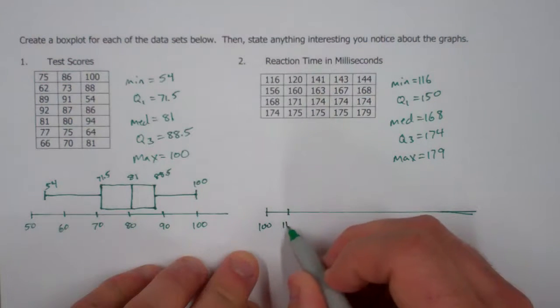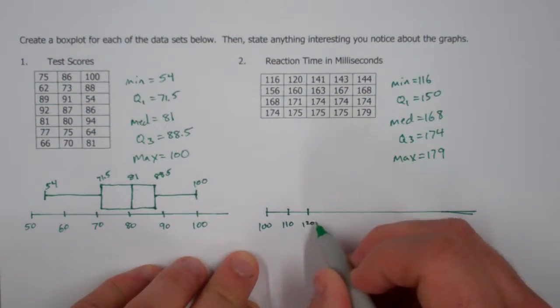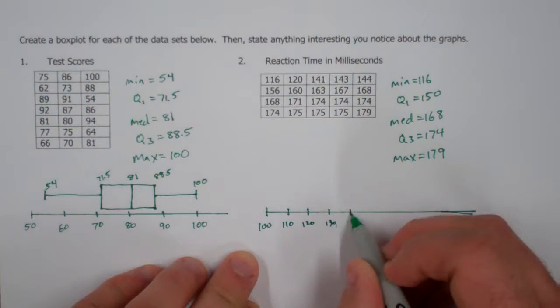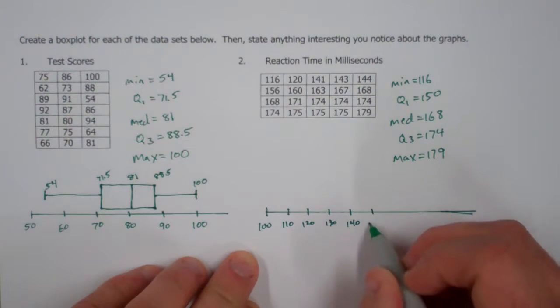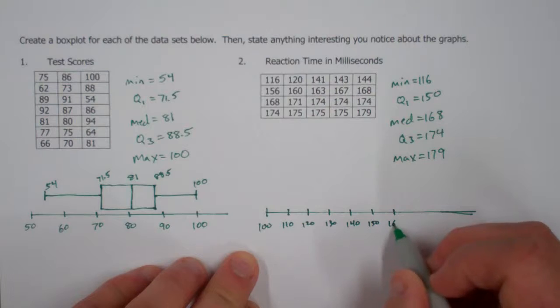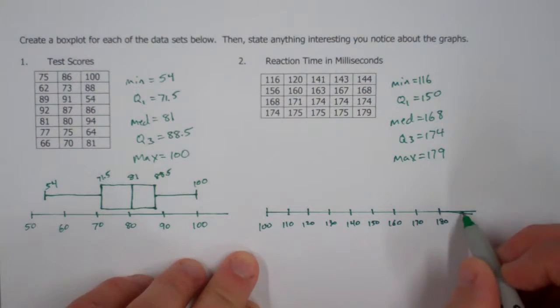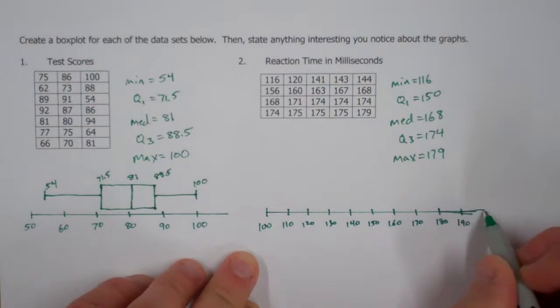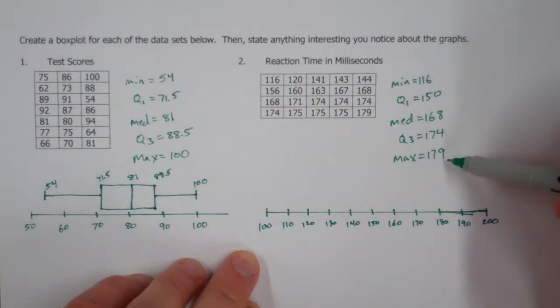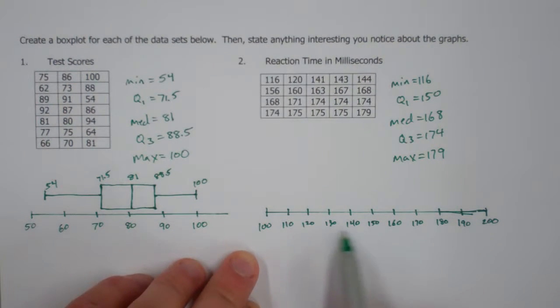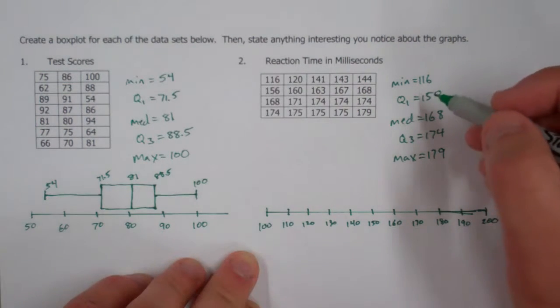We'll go with that. 110, 120, 130, 140, 150, 160, 170, 180, 190, and then the last one here will be 200. You really only need to go from 116 to 179, but going by tens here makes the scale easy to read. Try to space them equally apart. This last one got a little big compared to this one, but the goal is to get them equally spaced apart.